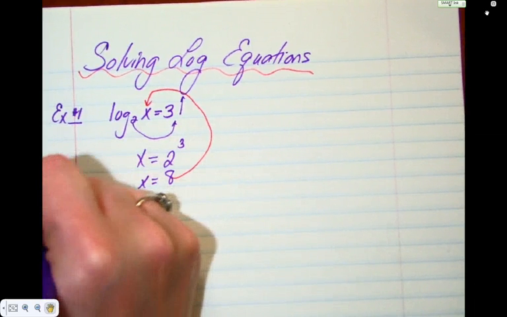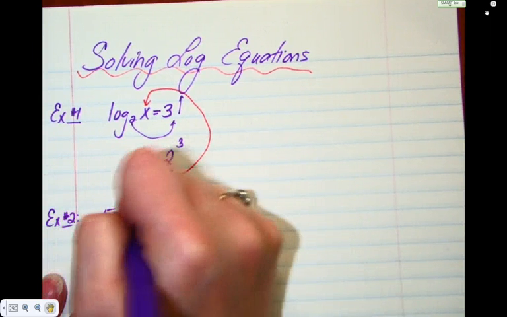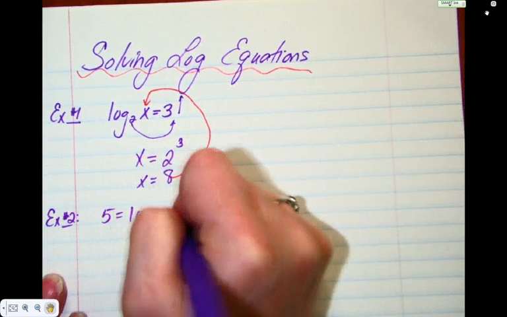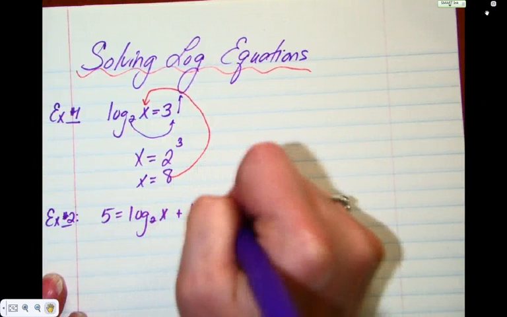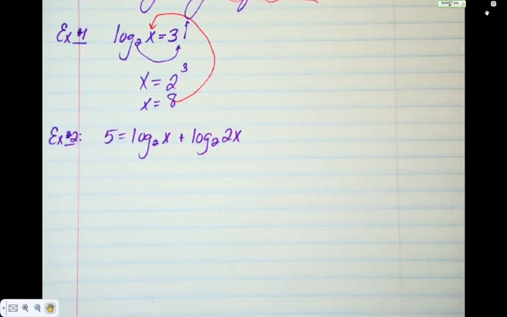Okay, let's step it up and do one that we couldn't do just in our head before. So 5 equals log base 2 of x plus log base 2 of x. Okay, logs on one side, numbers on the other. Done.